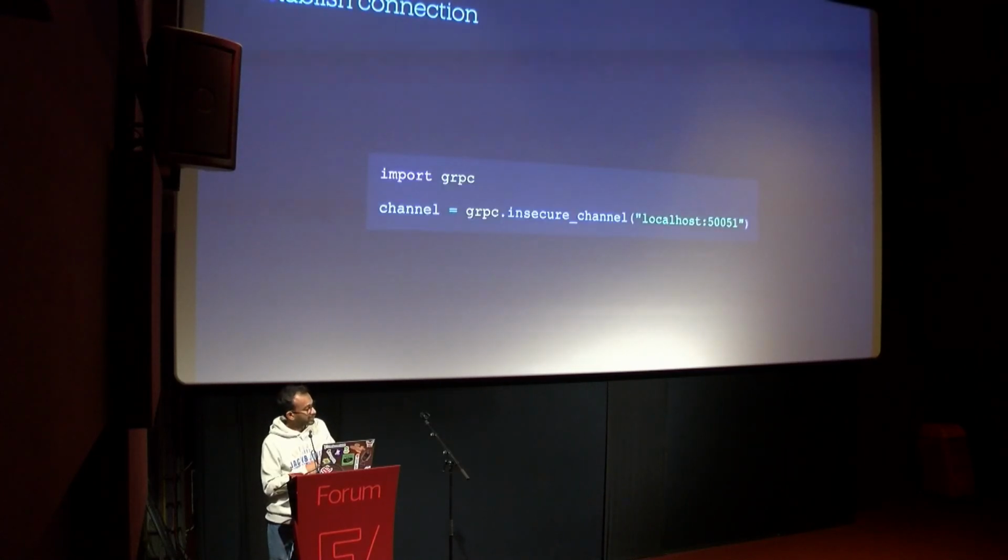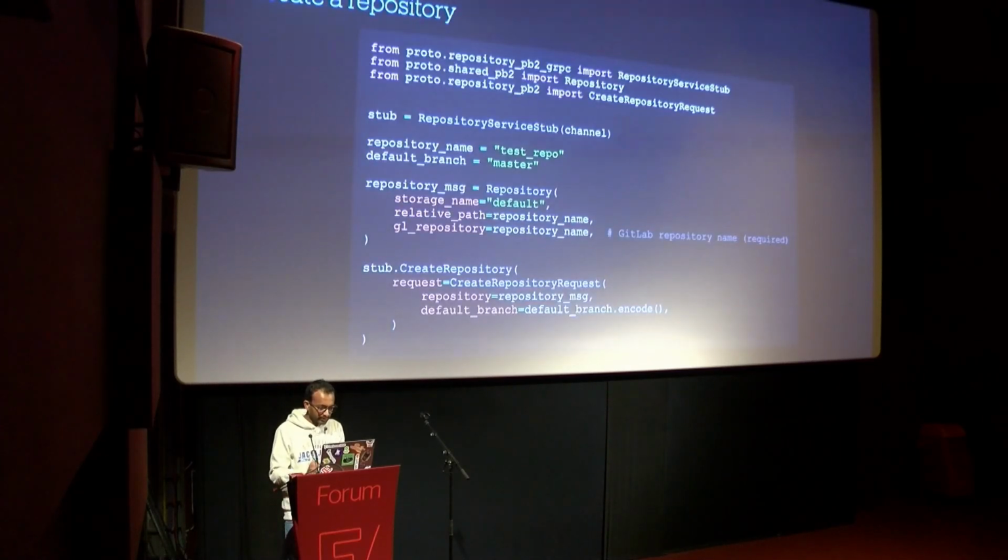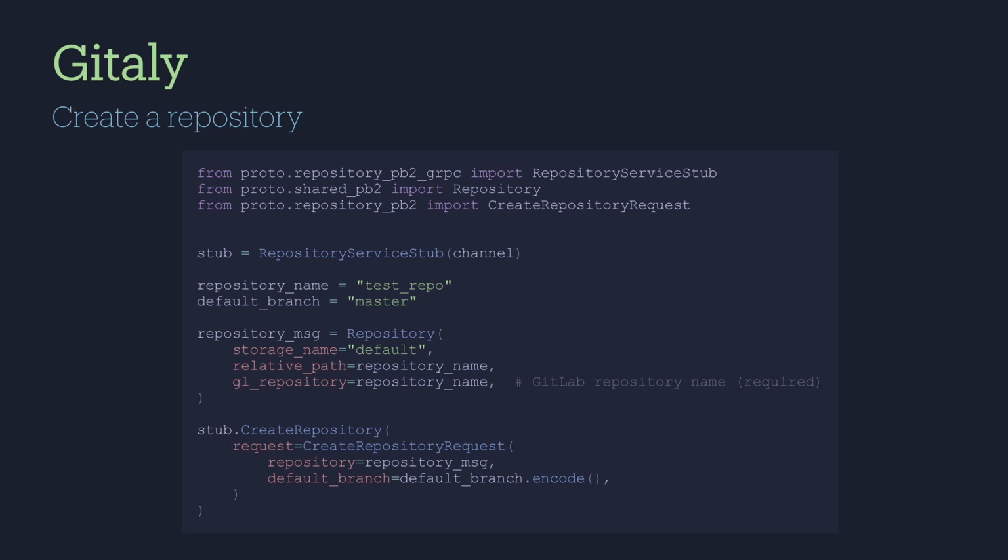So let's take a look at a few examples of how to use Gitaly. So first of all, you have to establish a gRPC connection to the Gitaly server. Then if you want to create a repository, for example, you invoke this create repository RPC, giving some information about the repository.